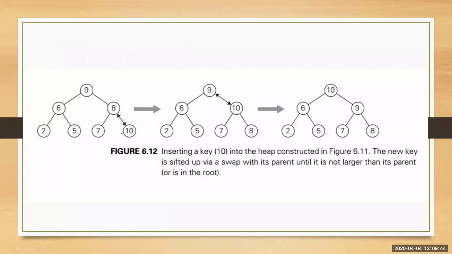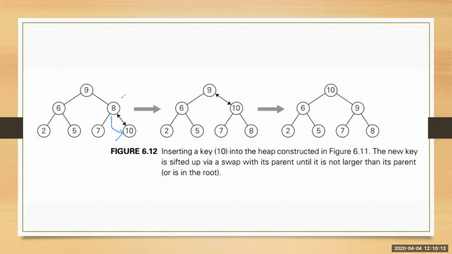For example, now 10 is added here. Now check with its parent whether the position of 10 is correct. Parent is having 8 value and child is having 10. So parental property doesn't hold. Now what you are supposed to do is bring this 8 to the position of 10. It is not swapped, but the 8 comes to the position of 10 like this.